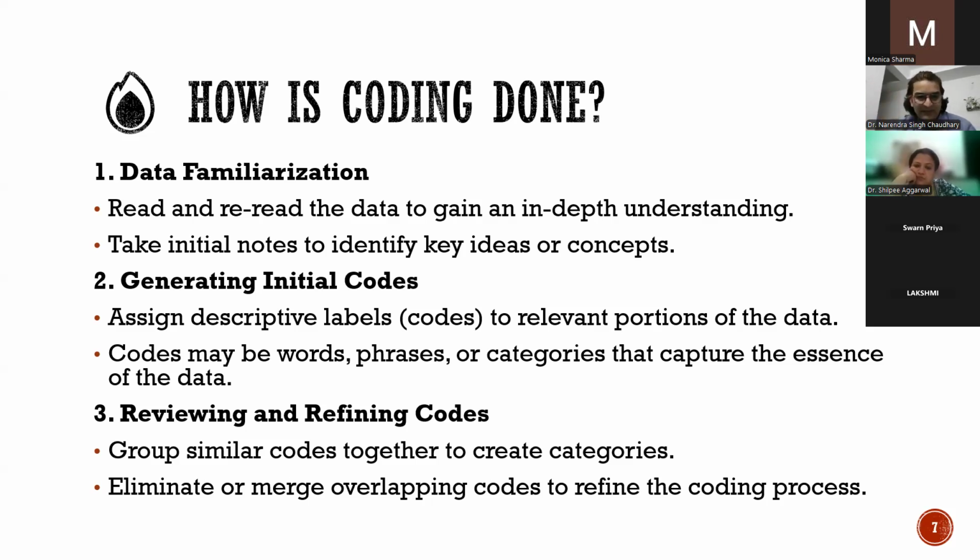So I'm grouping the similar codes and then eliminating or merging the overlapping codes. If initially I'm having 40 codes in the first round of coding, which is known as open coding, then when I move to the second order, the 40 might get reduced to 20 or maybe 15.